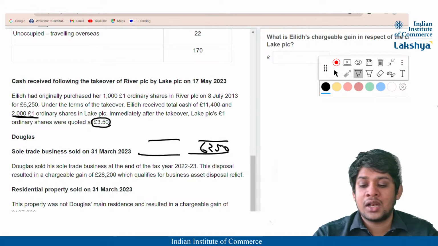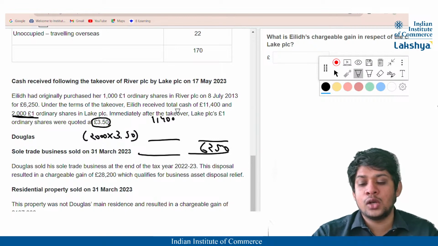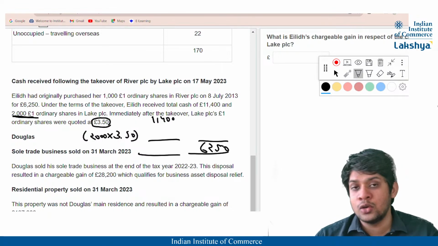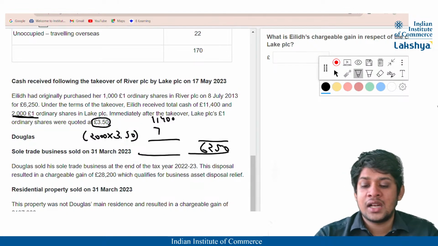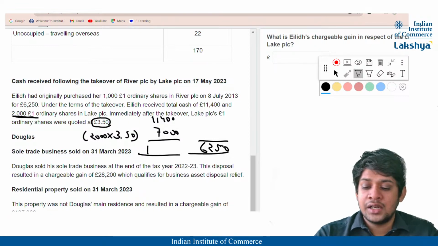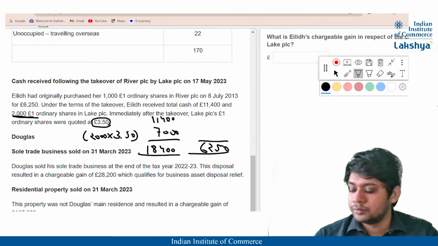Your total market value is 11,400 you received cash, but your shares value is 2000 shares you got, and each share is worth 3.5 pounds. As soon as the takeover happened, the market value of those shares was 3.5. So her total share value is 2000 into 3.5 per share, that is 7,000, not 2000. So 11,400 plus 7,000, that is 18,400.